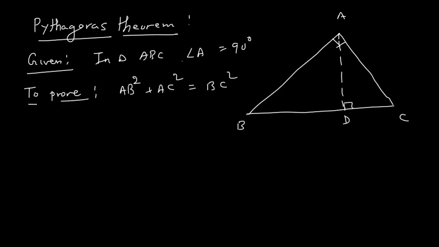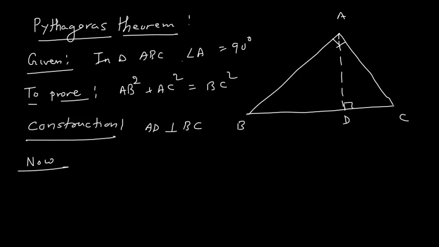Now to prove, we first do a construction. We have drawn AD perpendicular to BC. Now we will take triangle ABC. Triangle ABC is similar to triangle DBA. I will start with DBA.